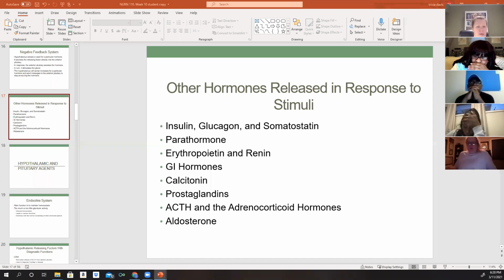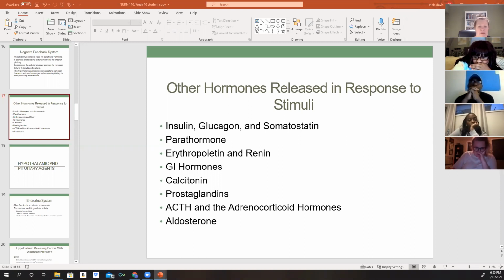We have the juxtaglomerular cells in the kidneys, which release erythropoietin and renin in response to a decrease in pressure or decreased oxygenation of the blood that's going through that glomerulus. We have GI hormones that are released in response to local stimuli in areas of our GI tract. So that would be certain acids, proteins, or calcium.